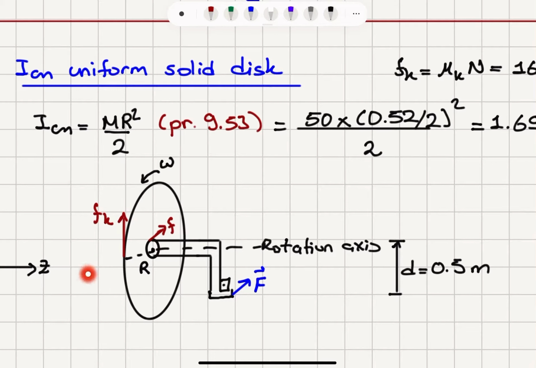counterclockwise sense here, and the kinetic friction will oppose this. We have the normal force being exerted that is basically causing this kinetic friction. We have a friction force on the axle, between the axle and the bearings of the grindstone, and we have a tangential force being applied at the end of this handle.